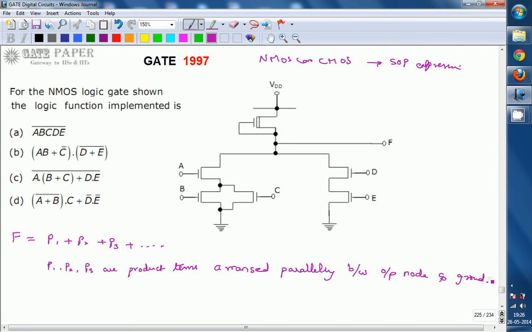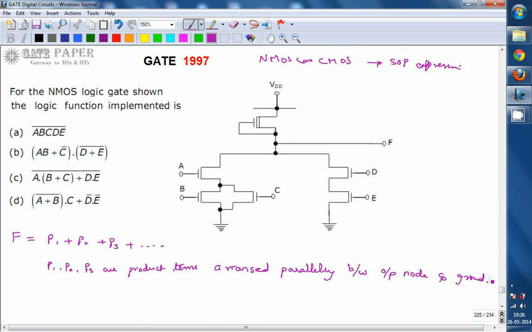So how many parallel branches are you going to get between the output node and ground? Each branch is treated as a product term. Each product term is nothing but a branch between the output node and ground. That many product terms means that many branches in parallel between output node and ground.